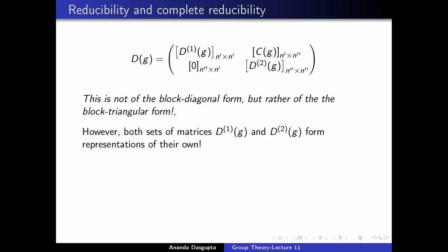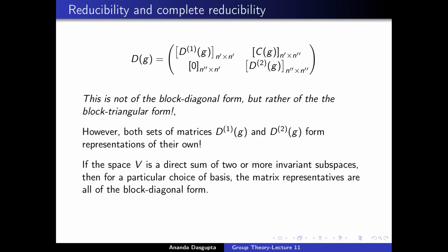As we have seen, the presence of an invariant subspace does not immediately lead to a block diagonal form for the representation matrices. So when do we actually get to see a block diagonal form? This happens when V is a direct sum of two or more invariant subspaces.